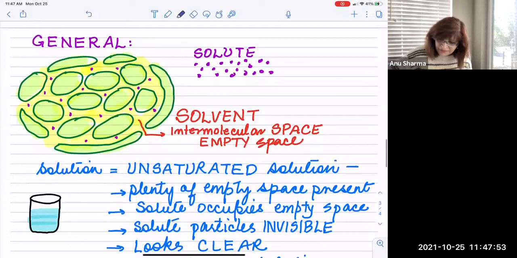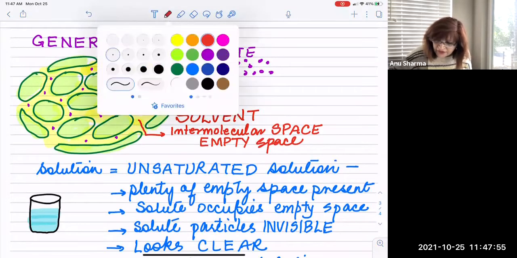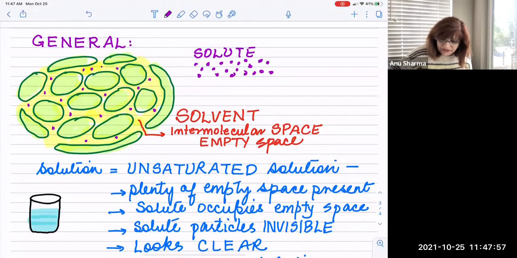The increase in solute particles occupies a lot of space, so there is no more empty space.